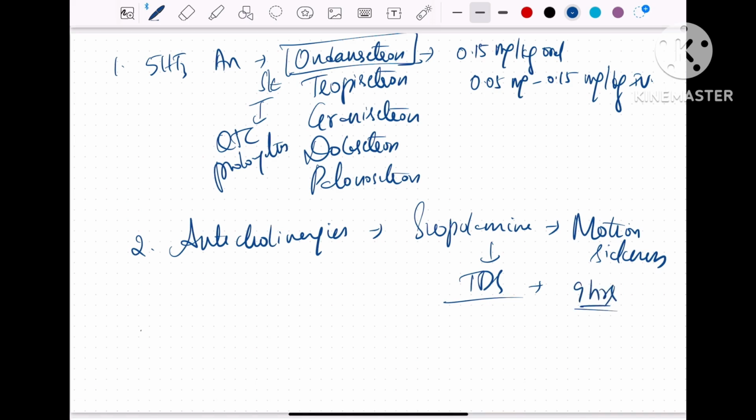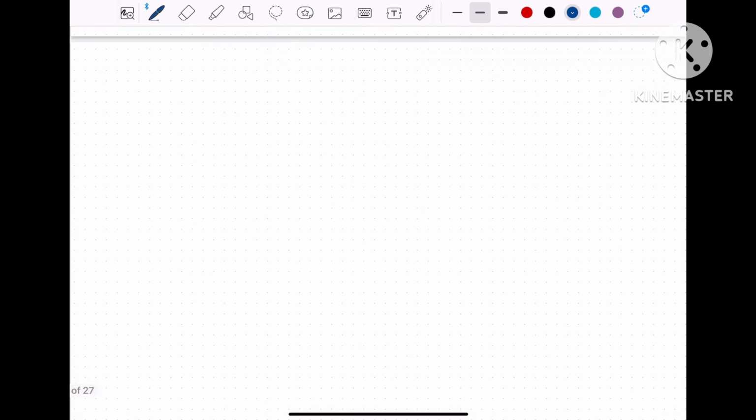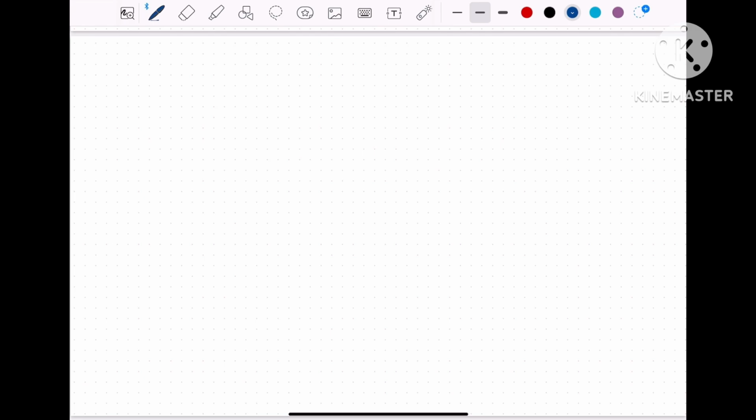The other group, H1 receptor antagonists, like cyclizine, promethazine, diphenhydramine, and dimenhydrinate. Dimenhydrinate is used for postoperative nausea and vomiting and also motion sickness. Diphenhydramine dose is 25 to 50 mg per dose.